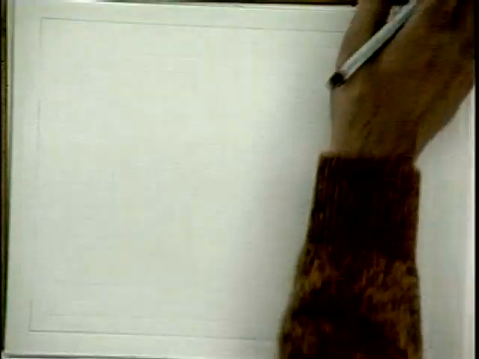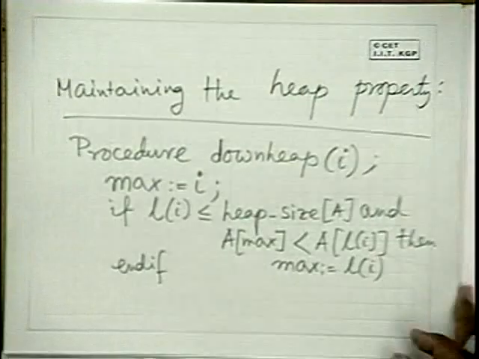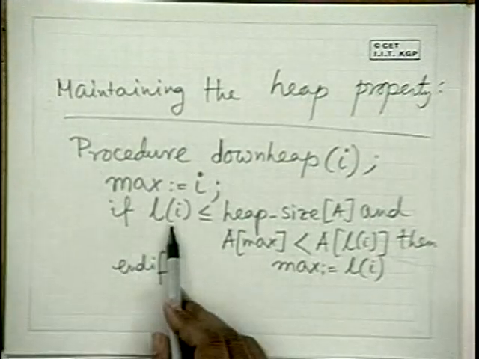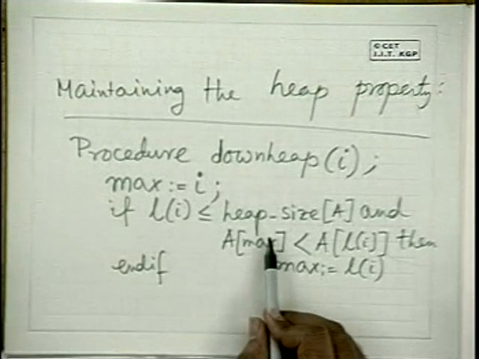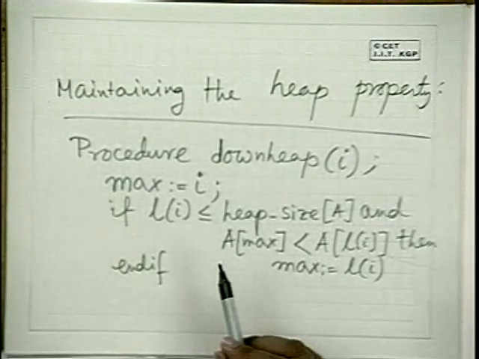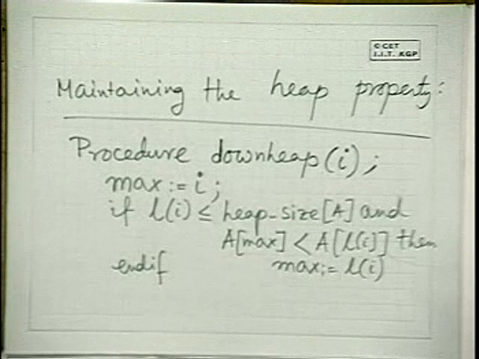I write the other part. But first, what is heap size of A? We always keep track of the size of the heap. Basically, in the array A, what is the last element of the heap? We have to keep track of it, otherwise we don't know how far we have to go in the array.